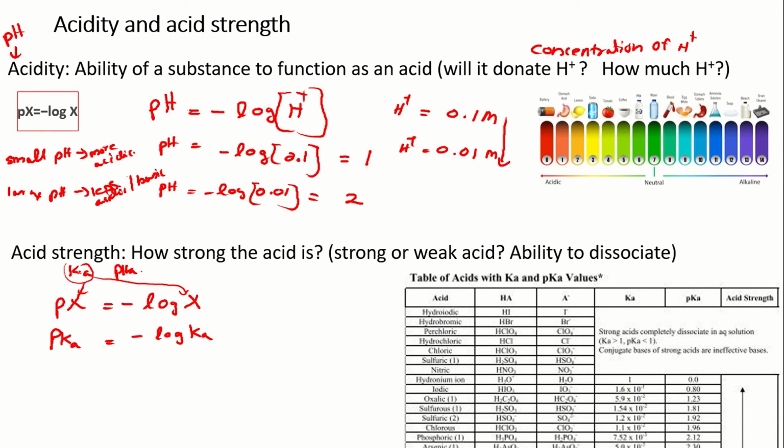Now you know what Ka actually means. Ka is the acid ionization constant. If you have a large Ka, or larger than 1, a large Ka reflects strong acids.